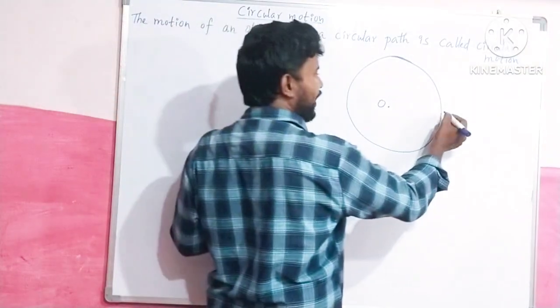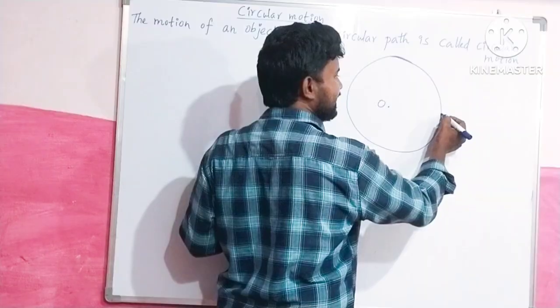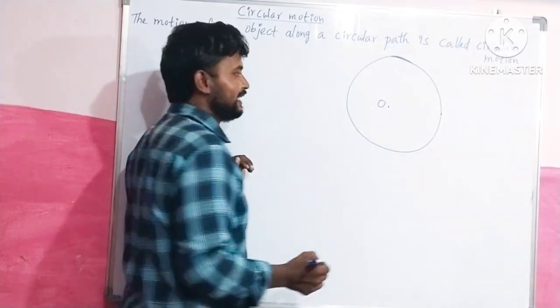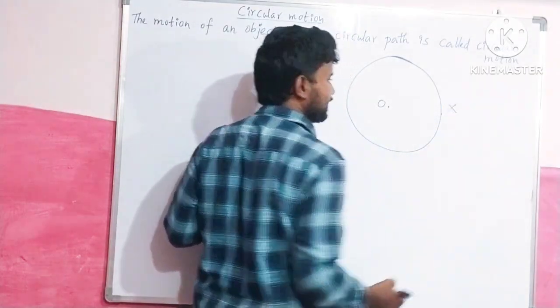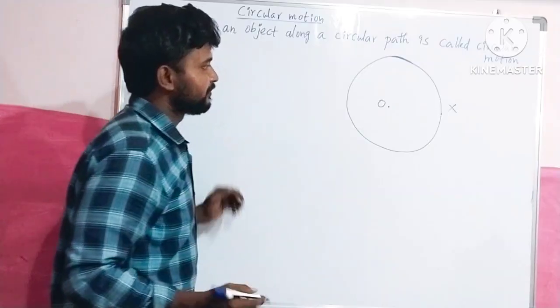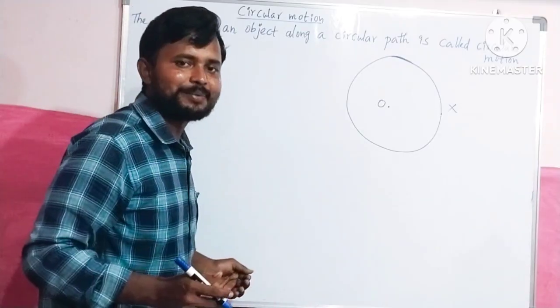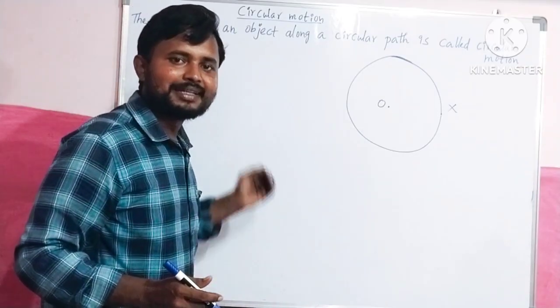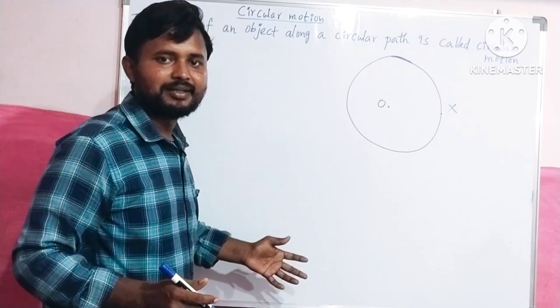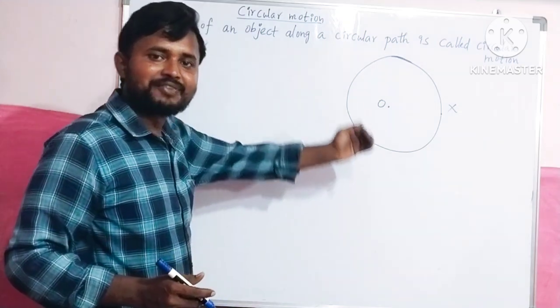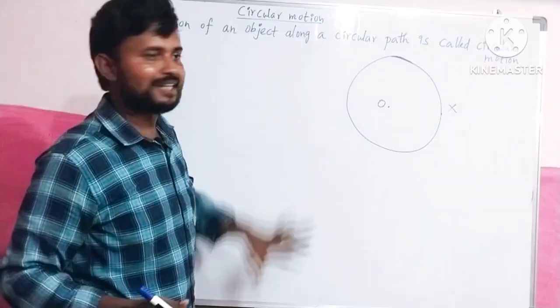Initially, at this point, this is the position of the particle. Here I can take another point. Here the distance from the center of the circle to the circumference is the particle's distance at any instant of time.